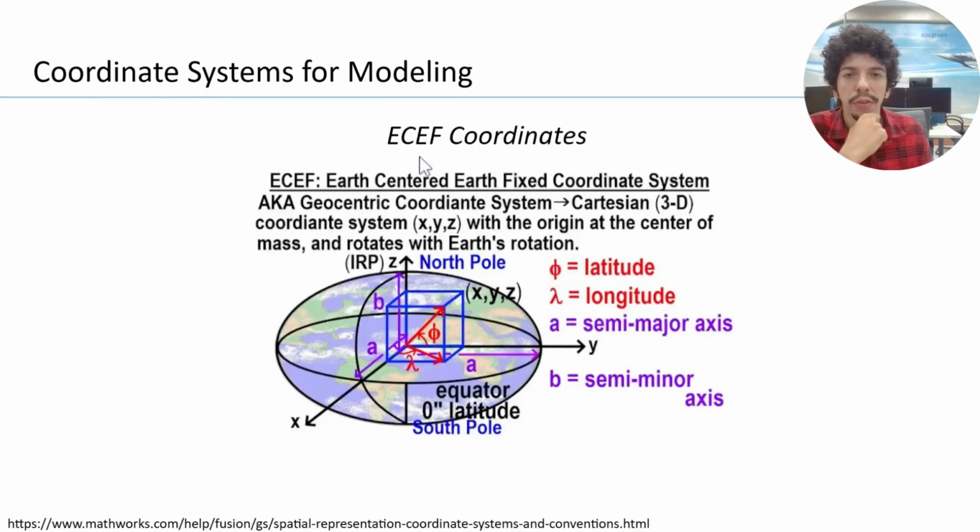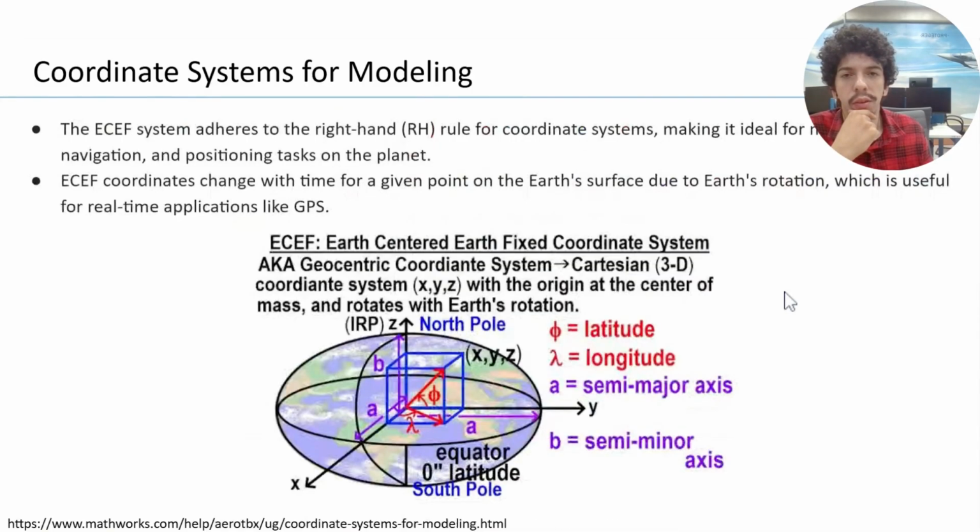But we have two, Earth-centered, Earth-fixed coordinate systems. In this part, we have a movement, and systems other to right hand. Okay, the right hand, three axes, perfect.